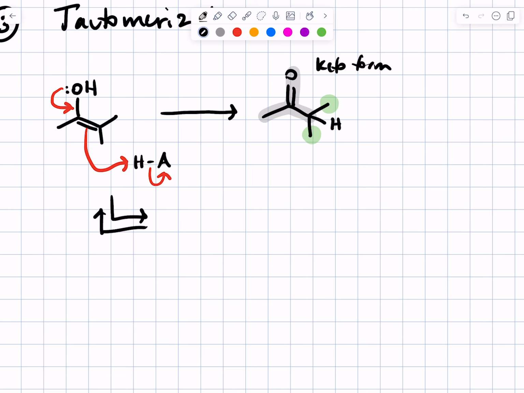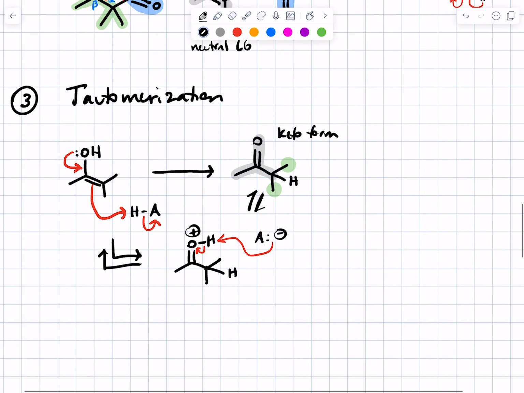That would take you to this oxonium ion. And then to generate the keto form, you would simply regenerate your acid catalyst by deprotonating the oxonium ion, and there you go. So that's one way to tautomerize an enol to the more stable keto form.